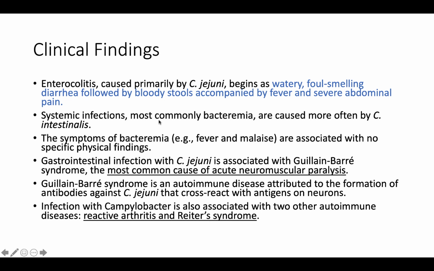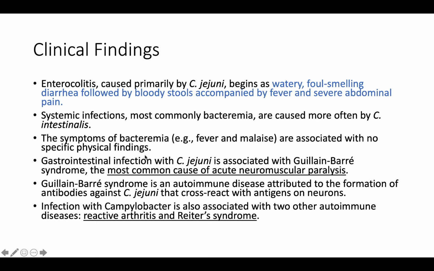Systemic infections, most commonly bacteremia, are caused more often by Campylobacter intestinalis. The symptoms of bacteremia, fever and malaise, are associated with no specific other physical findings. Guillain-Barré is the most common cause of acute neuromuscular paralysis.